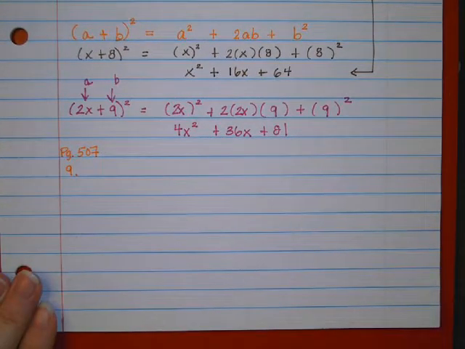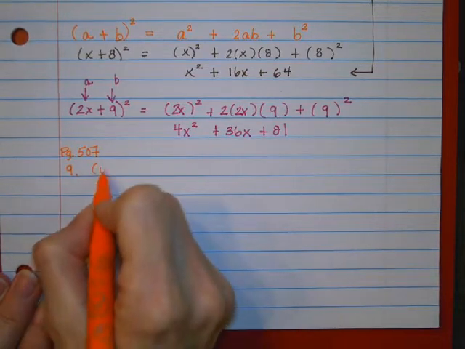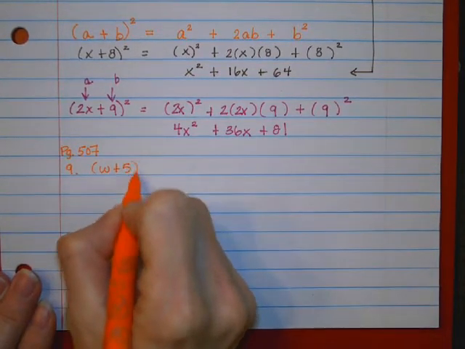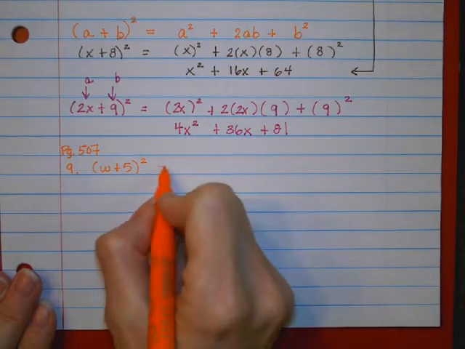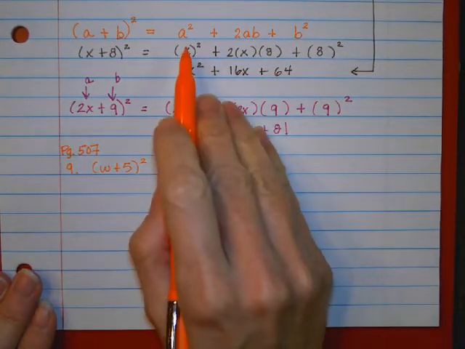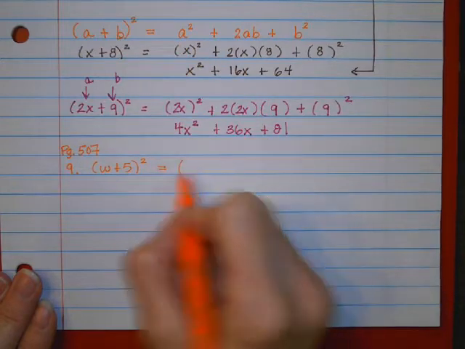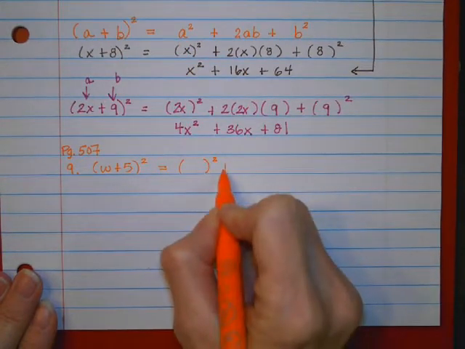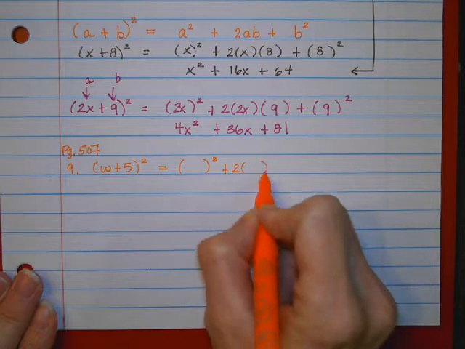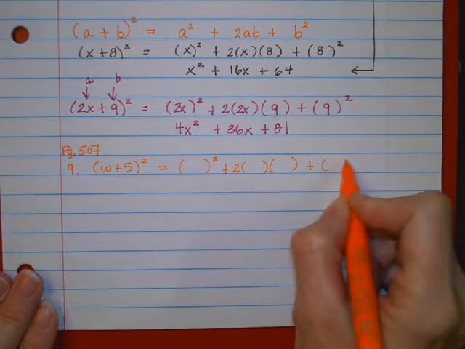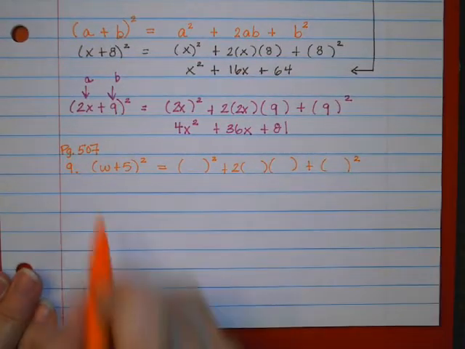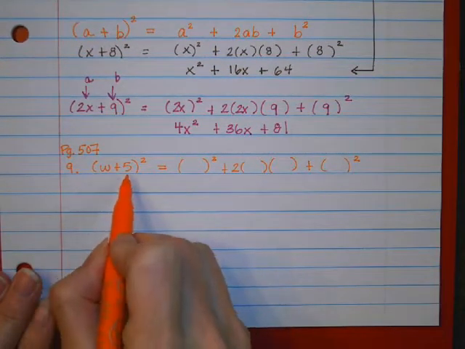So number 9 is w plus 5 squared. So again, to solve these, we follow our pattern right here. We take the first value and we square it, plus 2 times the second term times the first term, plus the second term squared. So a is our first term, b is our second term.